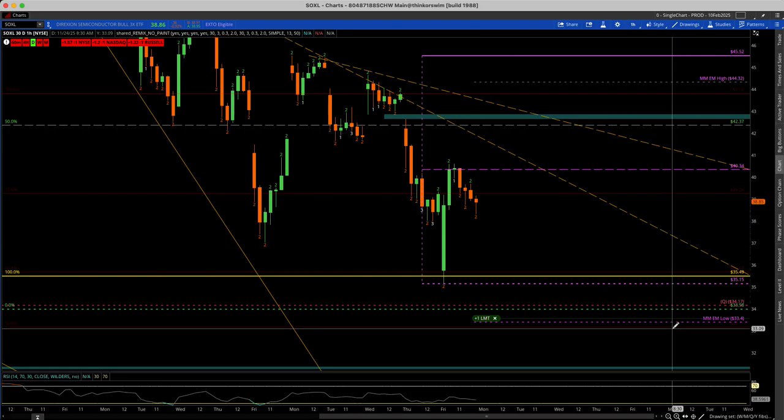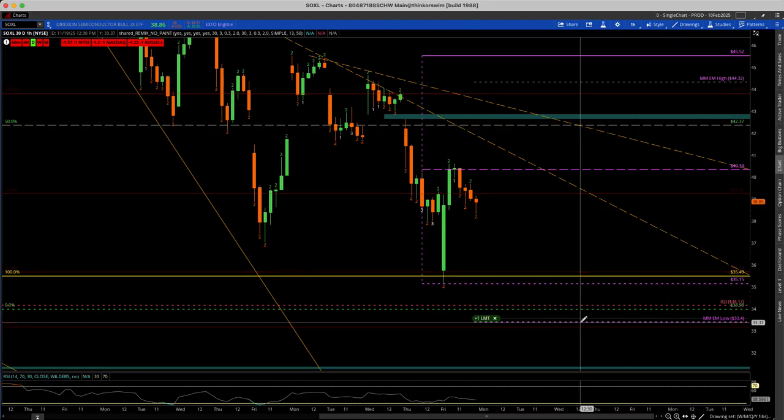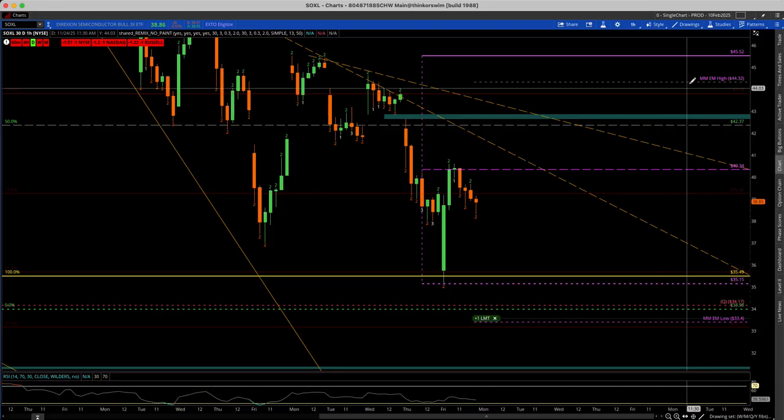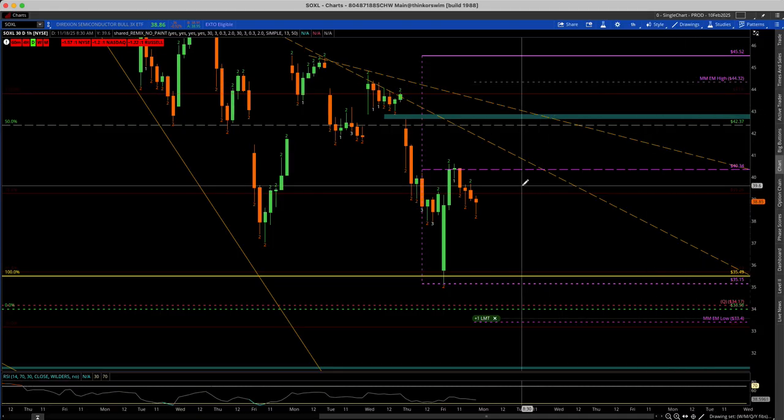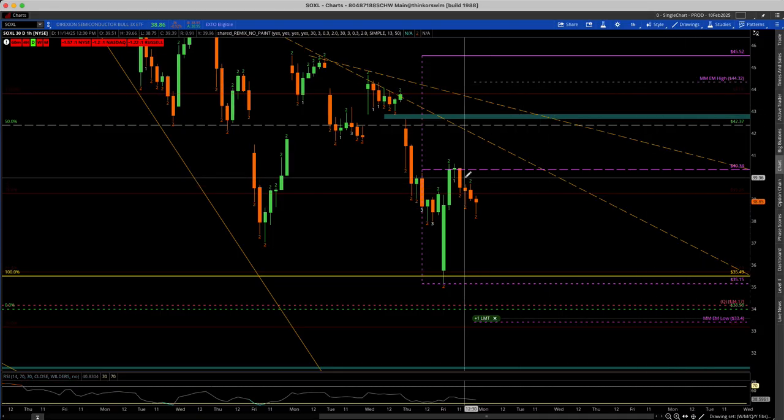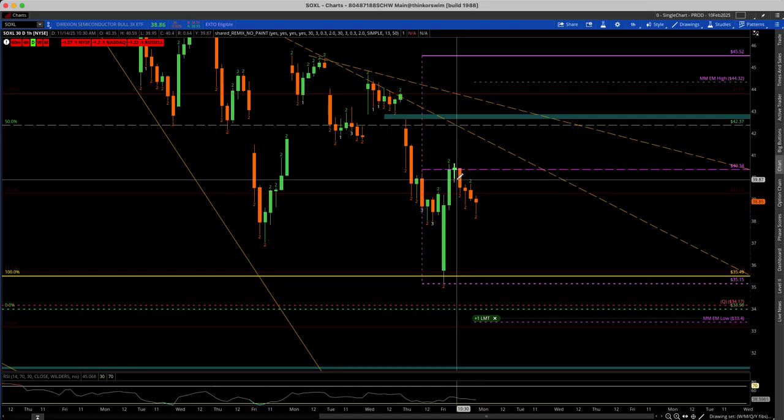And so that's where we get our market maker's expected move range, right? 33.40 is the low, 44.32 is the high. And again, that would allude to a lower low on the week chart, right? Well, from a candle to candle count, right? Not a lower low in terms of a true lower low on the chart. It's just that next week's low is expected to be lower than this current week's low.